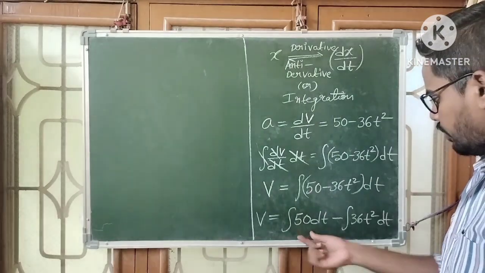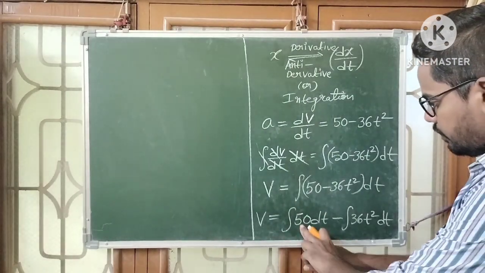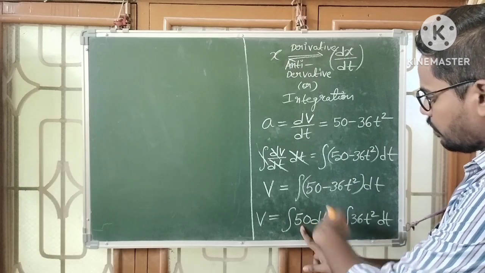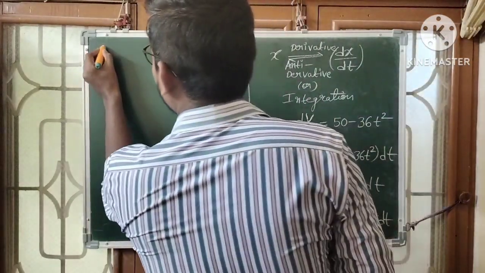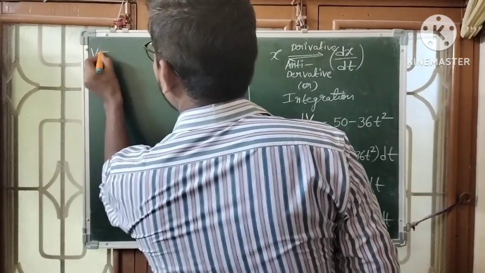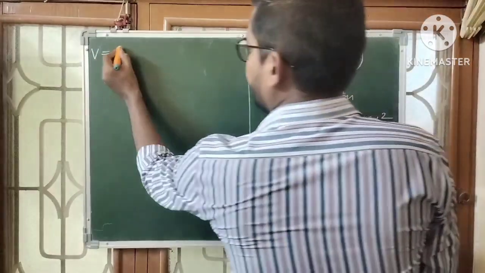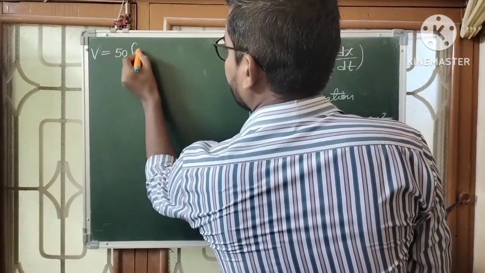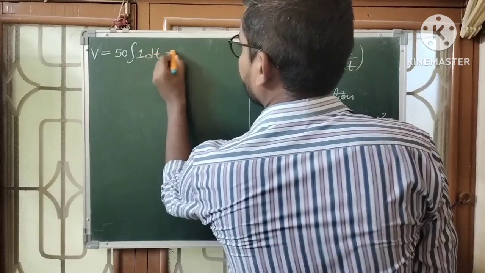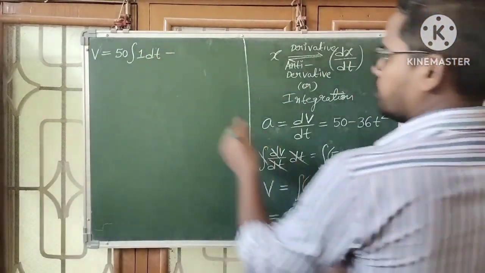Here 50 is a constant, so take it out of the integration: v = 50∫1 dt − 36∫t² dt, since 36 is also a constant.